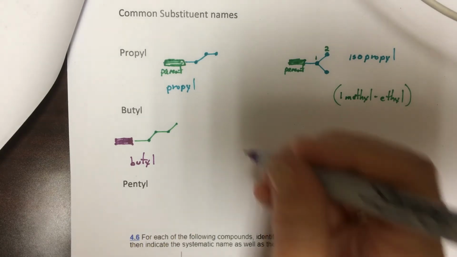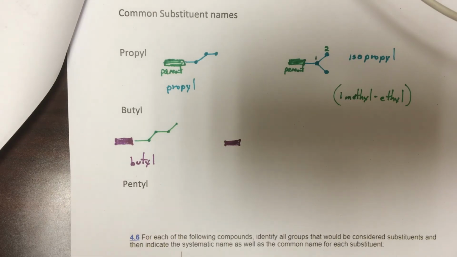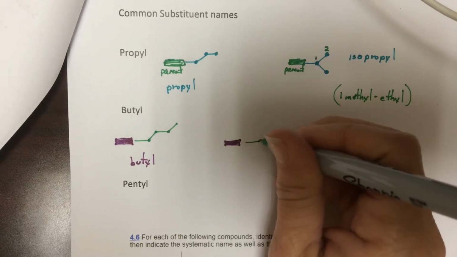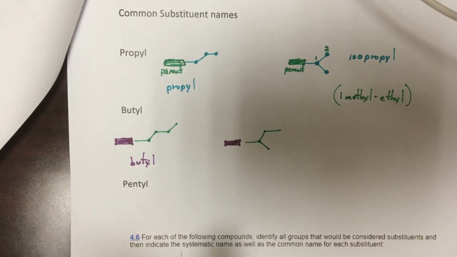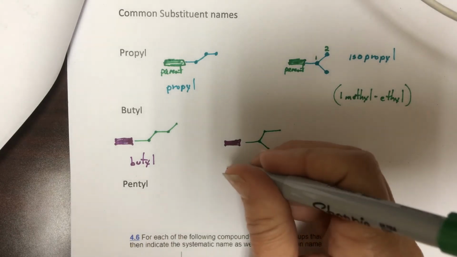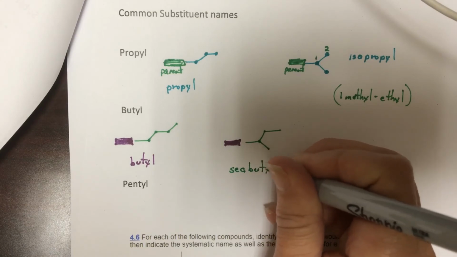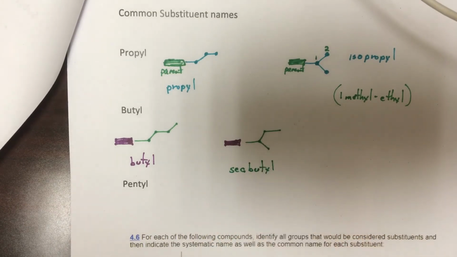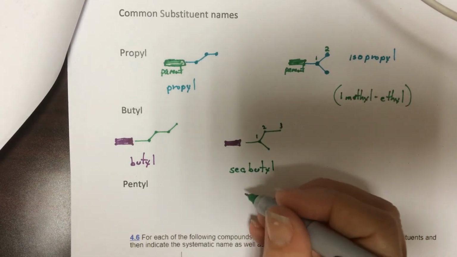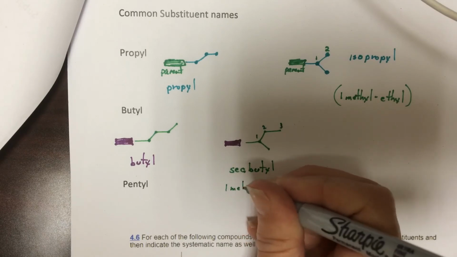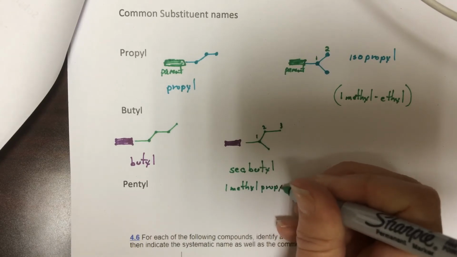But you can also have one carbon, 2 carbons, 3 carbons, and we get a methyl group off that first carbon. This is called a sec-butyl. We can number these 1, 2, 3, and say that we've got a 1-methylpropyl.